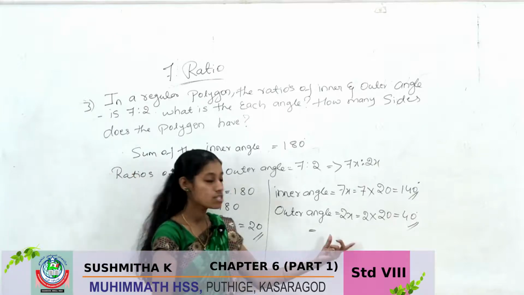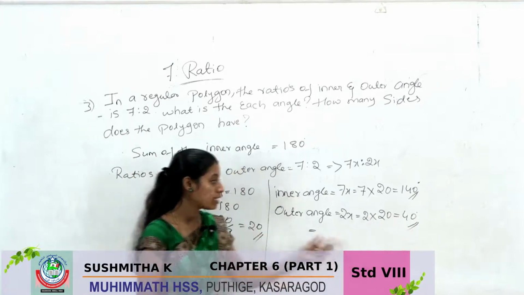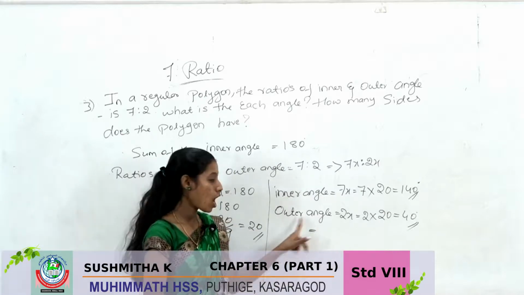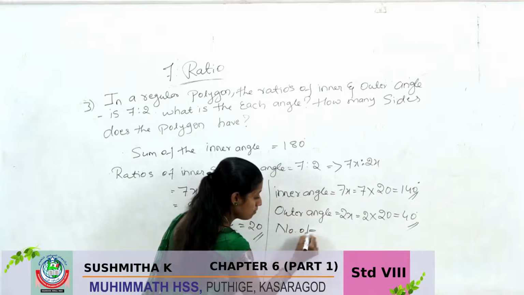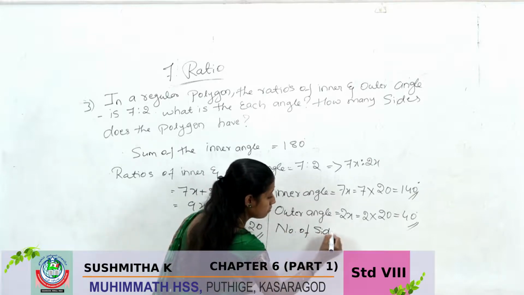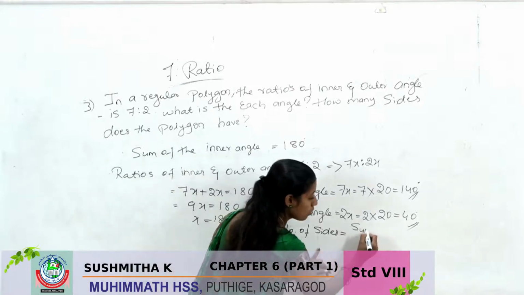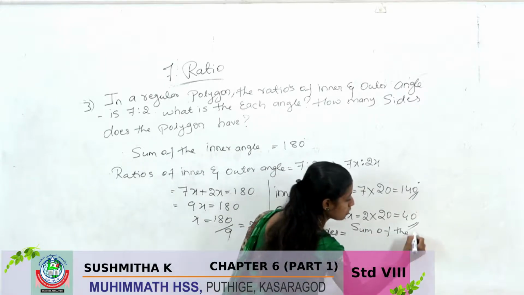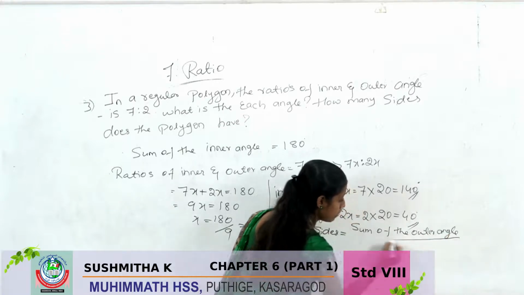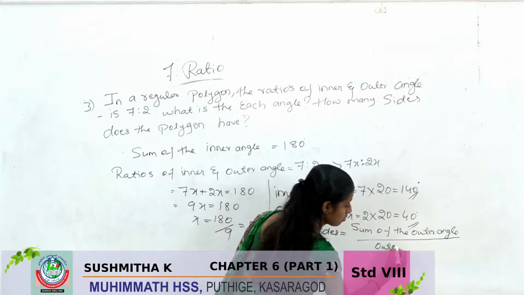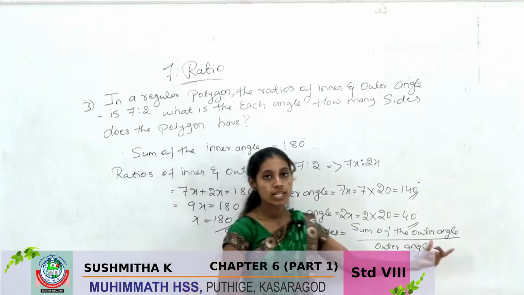The number of sides is equal to the sum of the outer angles divided by the outer angle.